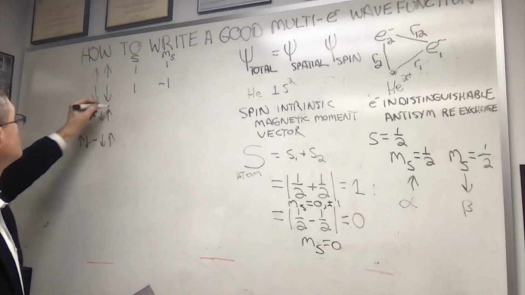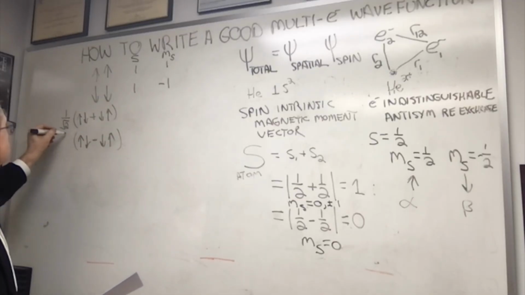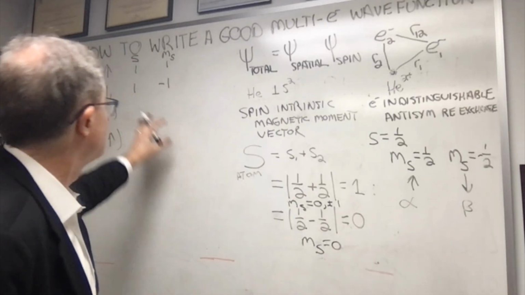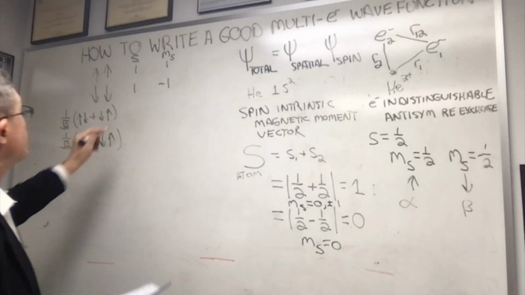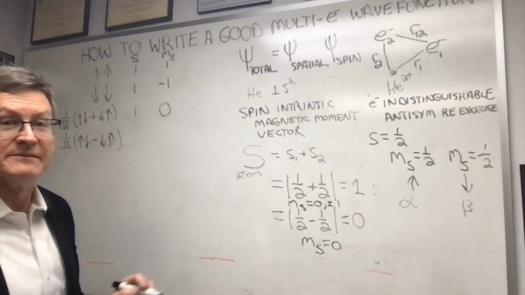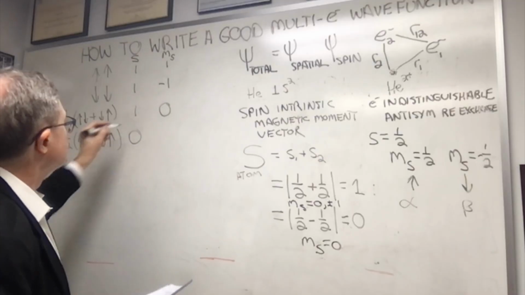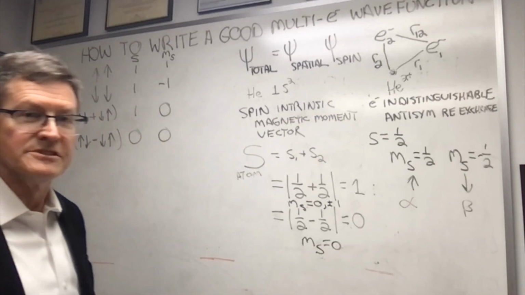And if we want to keep things normalized, we hit that with a normalization constant of 1 over the square root of 2. What do they correspond to in terms of the S and m sub s values? When we add the 2 together, that's equal to an S equals 1 and an m sub s of 0. When we subtract the 2, that's equal to an S of 0 and an m sub s of 0.